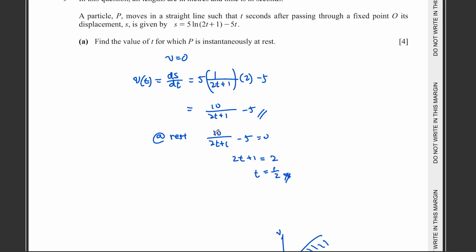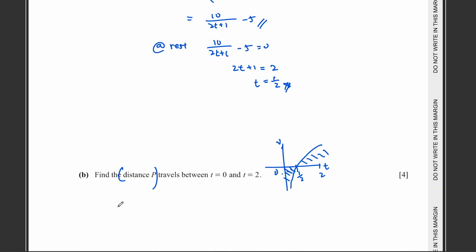So what our distance will actually be is the modulus of s evaluated at half minus s evaluated at 0, added together with s evaluated at 2 minus s evaluated at half.